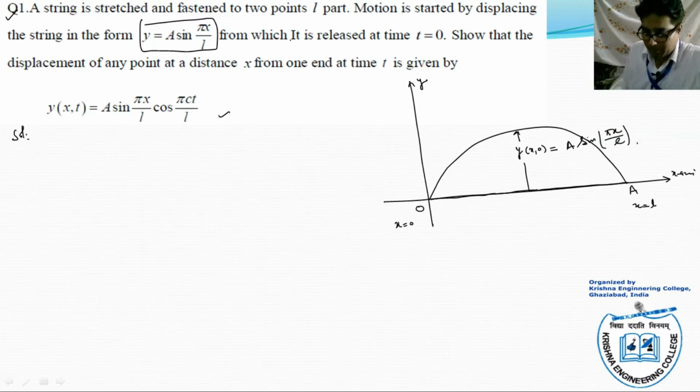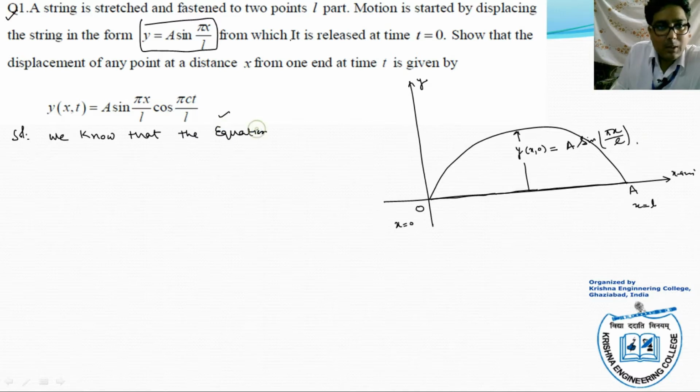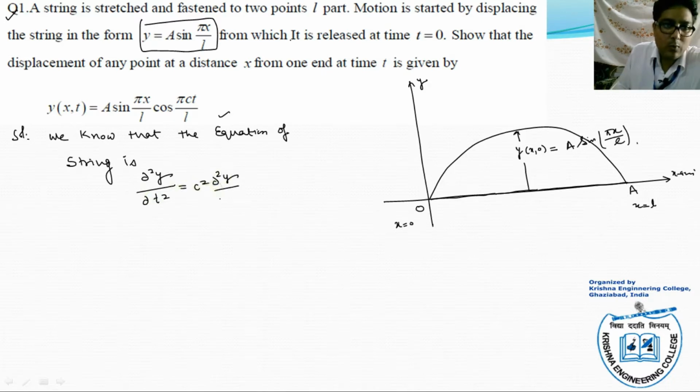The equation of string, we know that the equation of string, means vibrating string or stretched string, is del square y over del t square is equal to c square del square y over del x square. Clear?